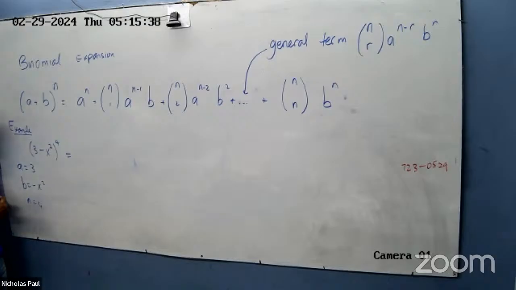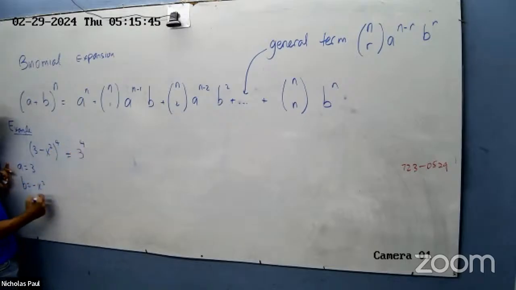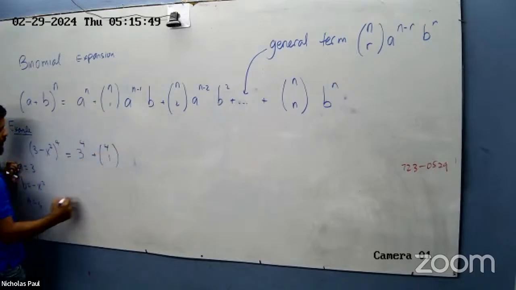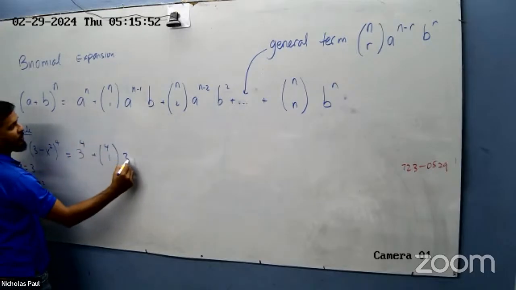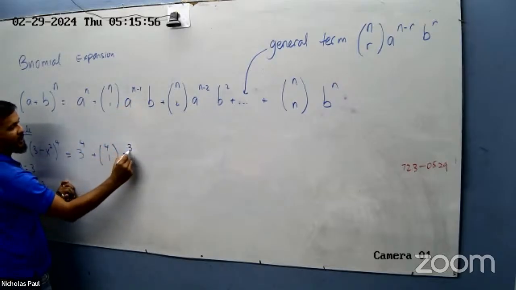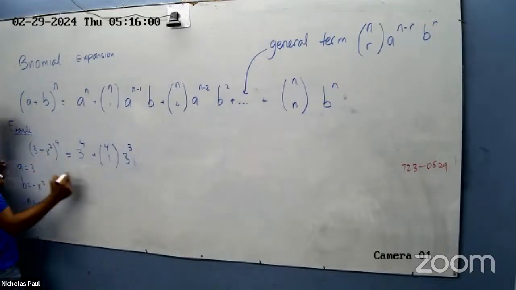All right, nice. So if we use the expansion, we just plug in A, that'll be 3 to the 4. We plug in n here, that'll be 4C1. We plug in A again, that'll be 3 to the n minus 1, so that's 4 minus 1, so that's 3. And remember that B is minus x squared.